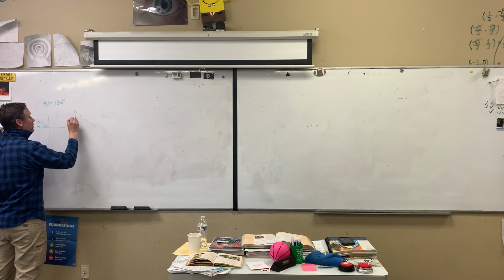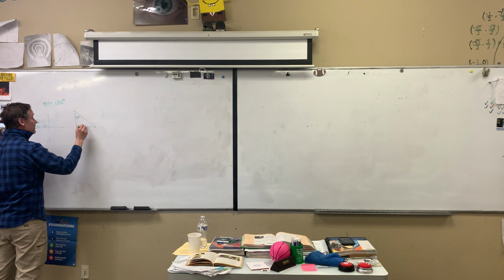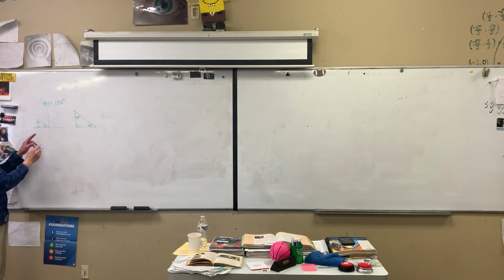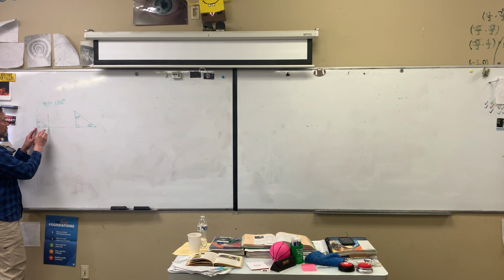It is important to note that it is in quadrant 2, meaning to get out to this coordinate point, my x is positive or negative? Negative. My y is positive.